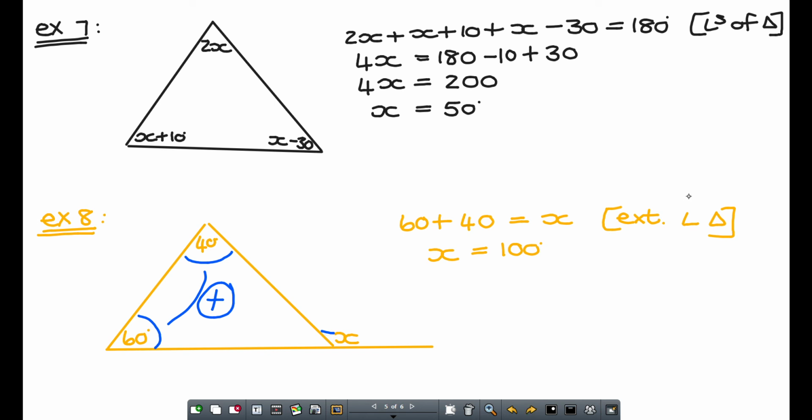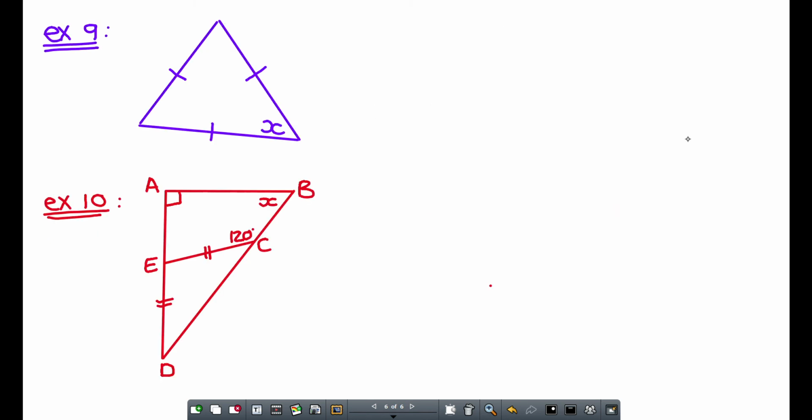Okay. All right. Now, I want to quickly work through this with you guys because when the bell rings, I'm going to go. So example 9. Right? Over here, what type of triangle is that?